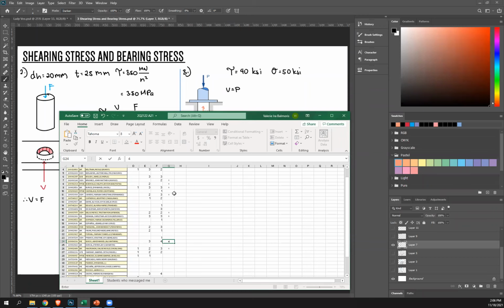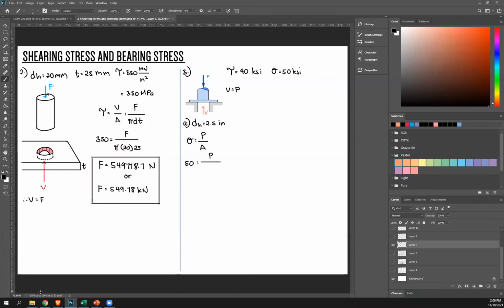Also Joffrey, correct. Recall that for normal stress, area is the cross section of the object itself, perpendicular to the applied force. So this is the perpendicular area, which is a circle. So pi over 4 d squared.